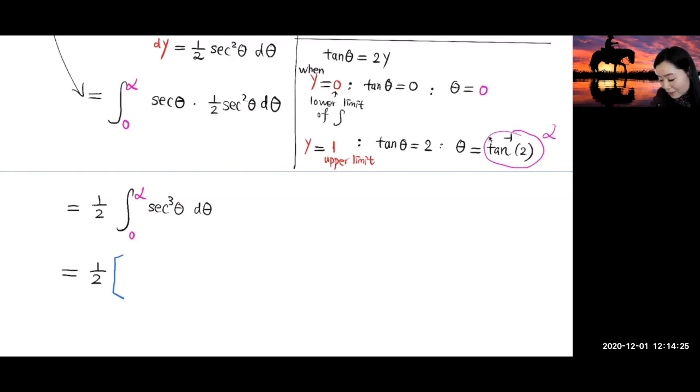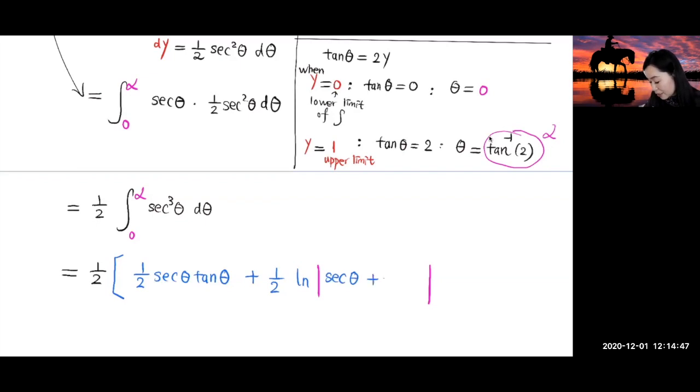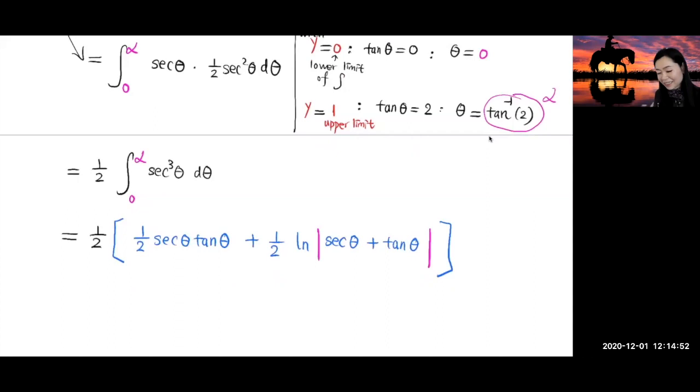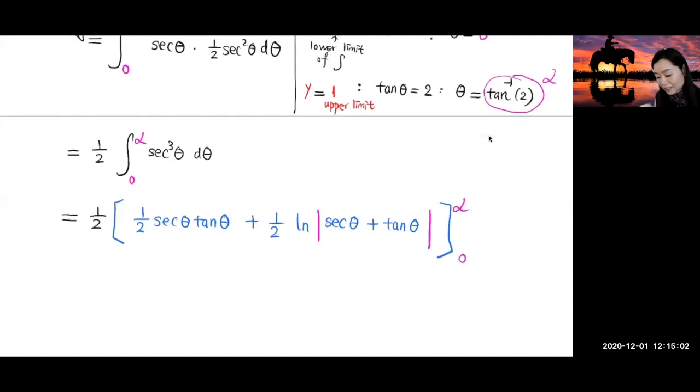It is going to be 1/2 secant theta tangent theta plus 1/2 ln of the absolute value of secant theta plus tangent theta, and theta goes from 0 to alpha.